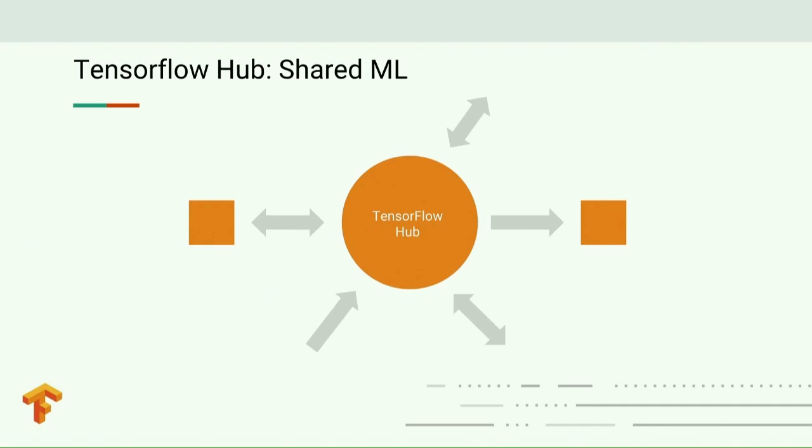So Google had this thought that this is a complex space. How can we make it easier for people who may not have access to all that compute or all the data, and make it really easy for them to build machine learned solutions? So we released this open source tool called TensorFlow Hub.